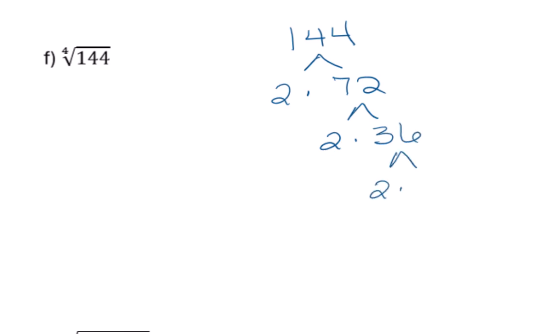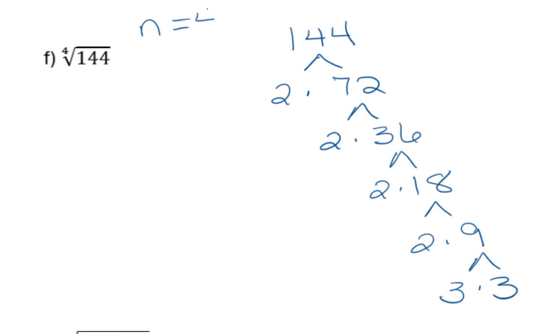Looking at F, the fourth root of 144, let's see what happens with 144, because I don't know my perfect fourths. I know my perfect squares and maybe a few perfect cubes, but I don't know my perfect fourths. So let's do a factor tree. So we have them all there. Notice we have an n of 4, so we're looking for 4 of a kind.